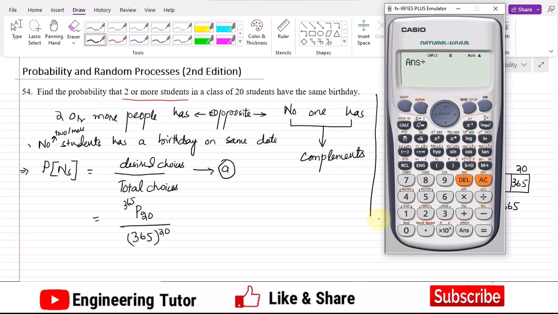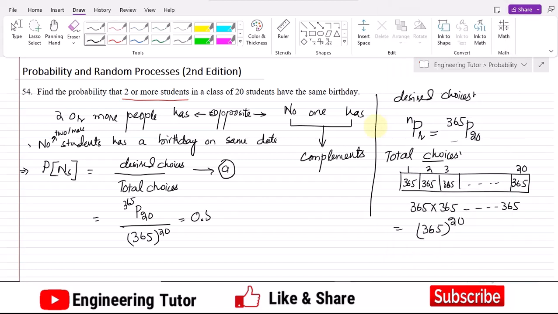Now dividing it by 365 to the power of 20, I get 0.59 or 0.58. Let me write 0.58. So the probability that no two or more students have a birthday on the same date is basically 0.58. That is the probability of n of s.